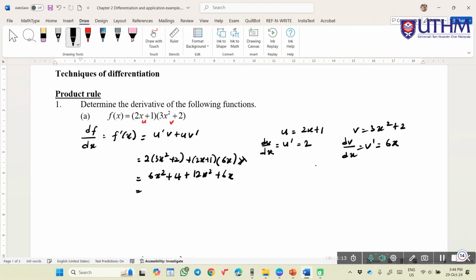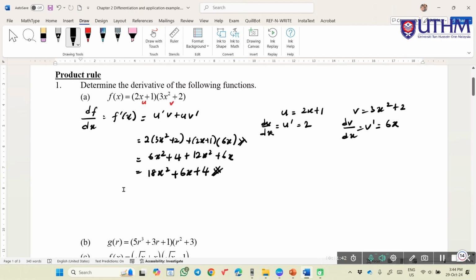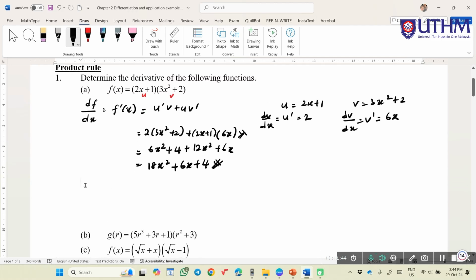When we combine the same terms, we have 18x squared plus 6x plus 4. That is the basic product rule.